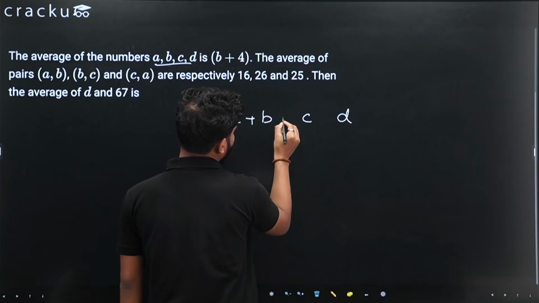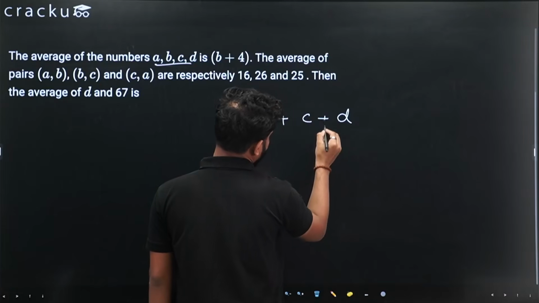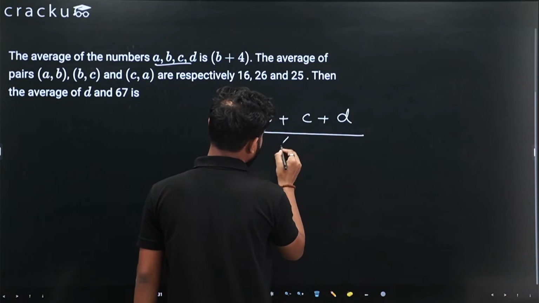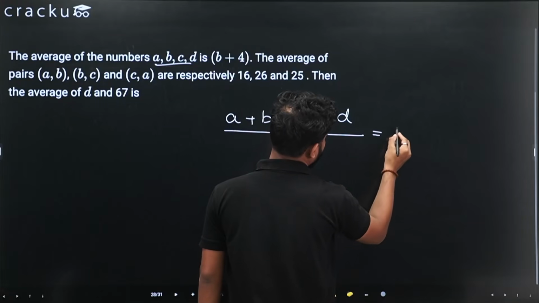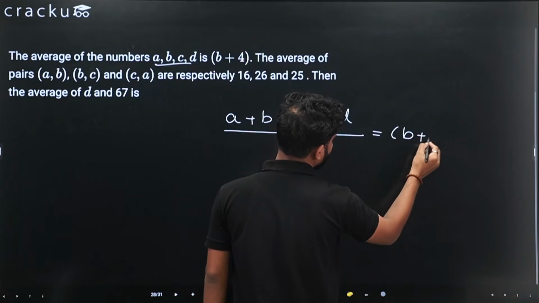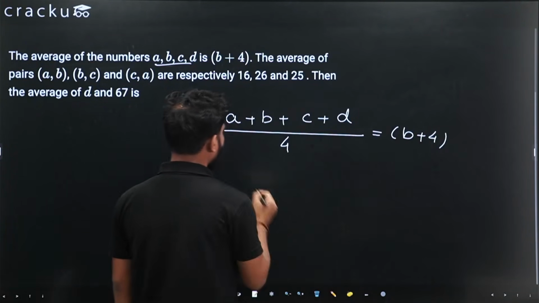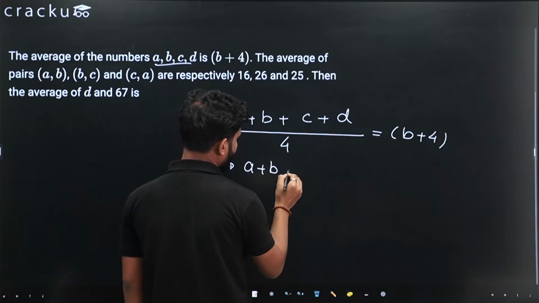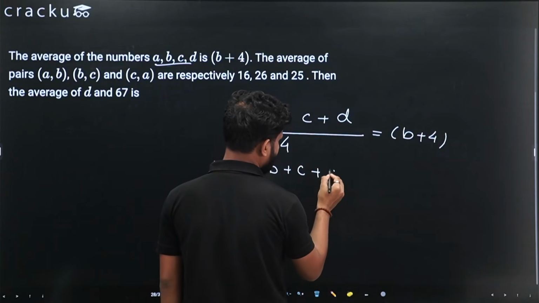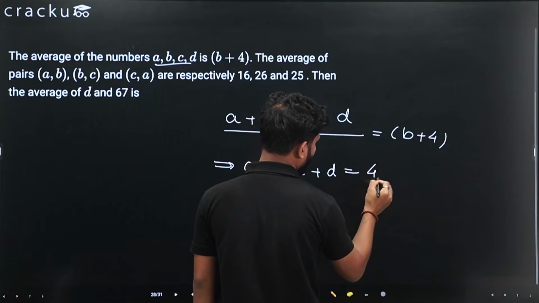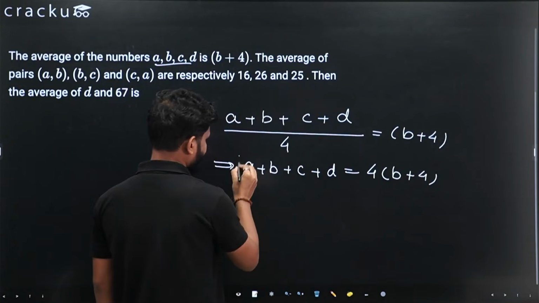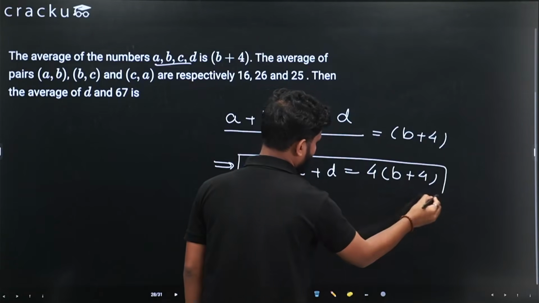So (A plus B plus C plus D) divided by 4 is equal to B plus 4, or A plus B plus C plus D is equal to 4 into (B plus 4). Right? This we can derive.